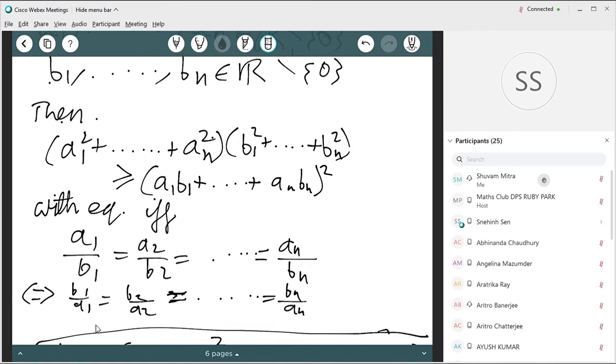Because I've generalized it to any real numbers. Now, if it were non-zero, then we can use this division and process. That's why I wanted to do it with non-zero first. But we can generalize this inequality, and it's well known that we can generalize it. So then, what should we do? That's the question.